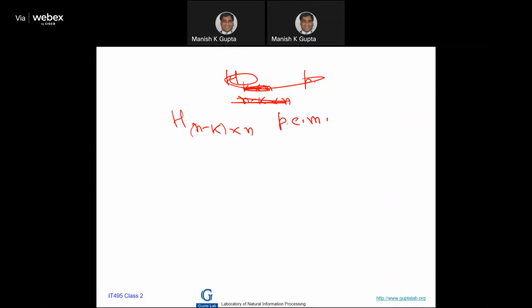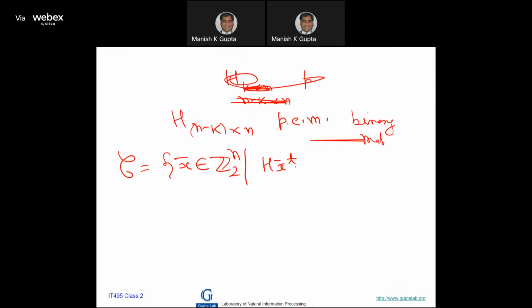It's a binary matrix, I'm assuming. So the code C is defined by all those vectors x in Z2 raised to the power N such that H x transpose is equal to 0. That is the null space of the matrix H. This is another description of the code. I will give you an example and show you how we construct this.